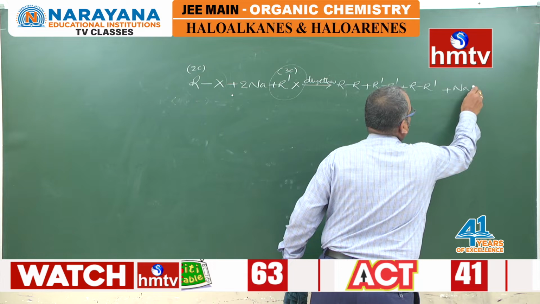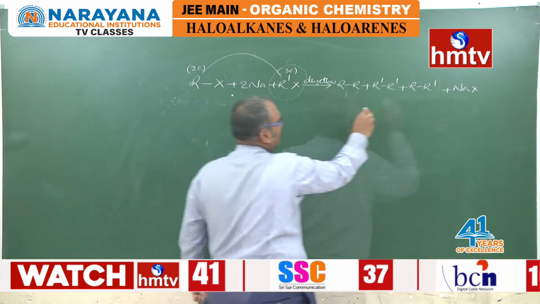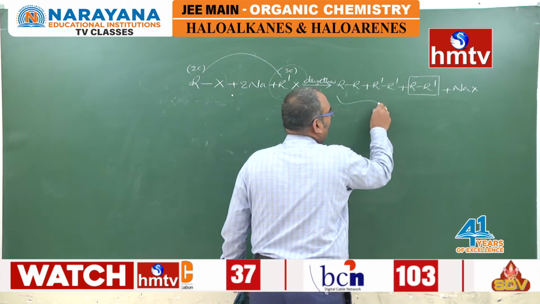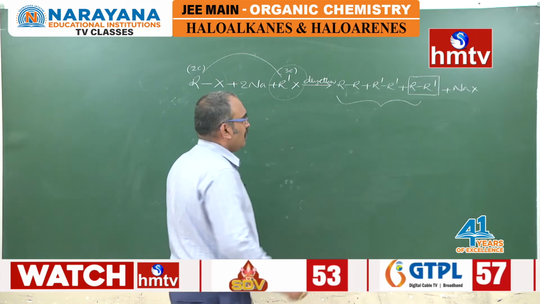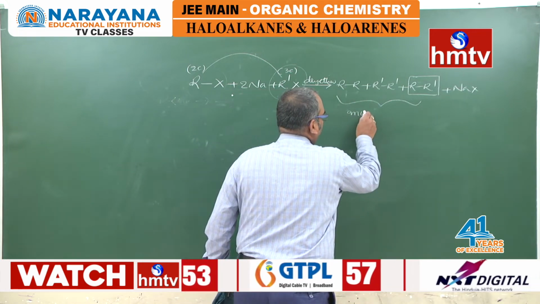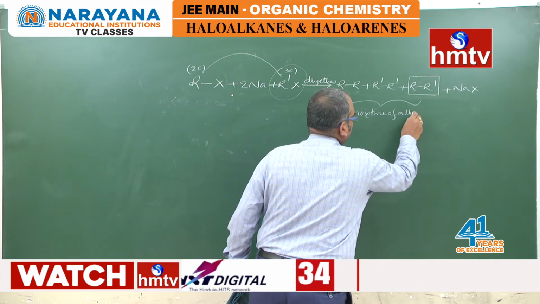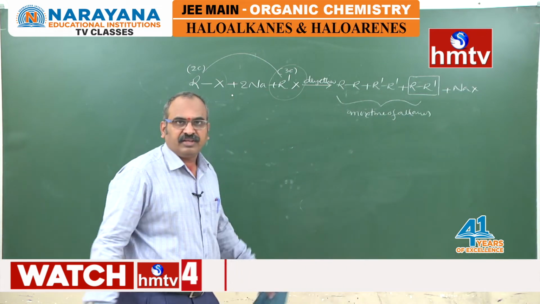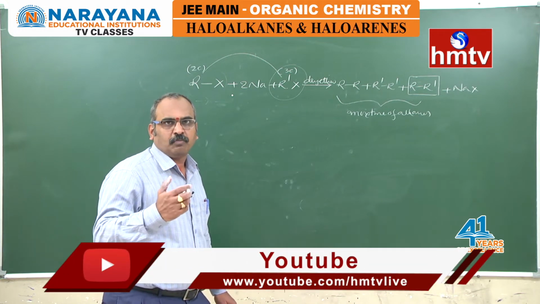The problem here is, you are aiming to prepare RR', but you are getting a mixture of RR, R'R' and RR'. Means you are ending up with a mixture of alkanes, and the mixture of alkanes formed will have close boiling points.